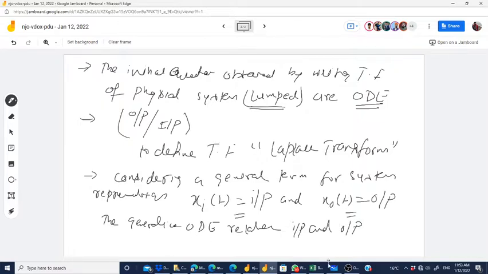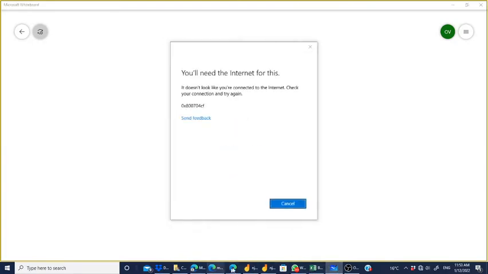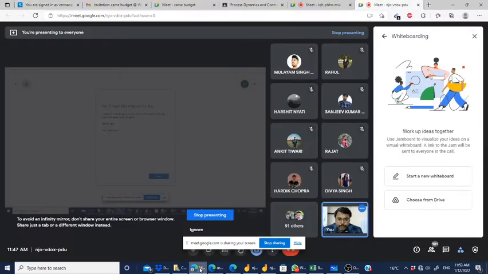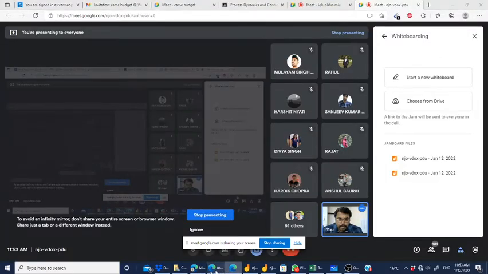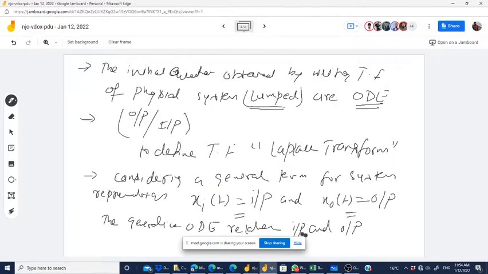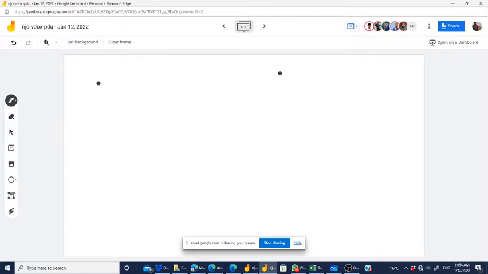If you write the generalized ordinary differential equation which relates the output and input, pay attention, and if you are not able to understand please let me know immediately.